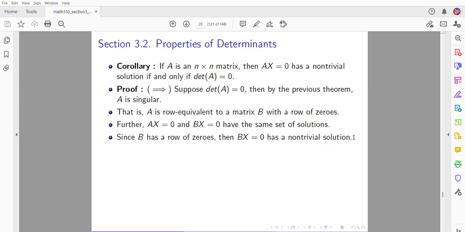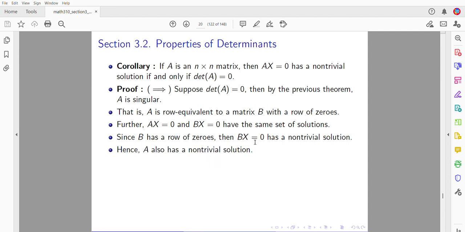You see, you have a row of zeros, which means 0 equals 0, left and right. That's a true statement. Your last variable can be any real number, and you can build back to the previous. So you have infinitely many solutions. If Bx equals 0 has infinitely many solutions, then A also has infinitely many solutions.